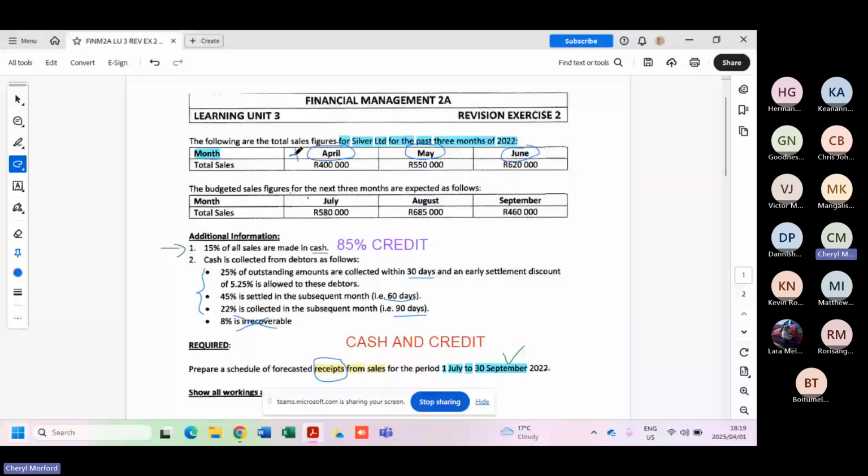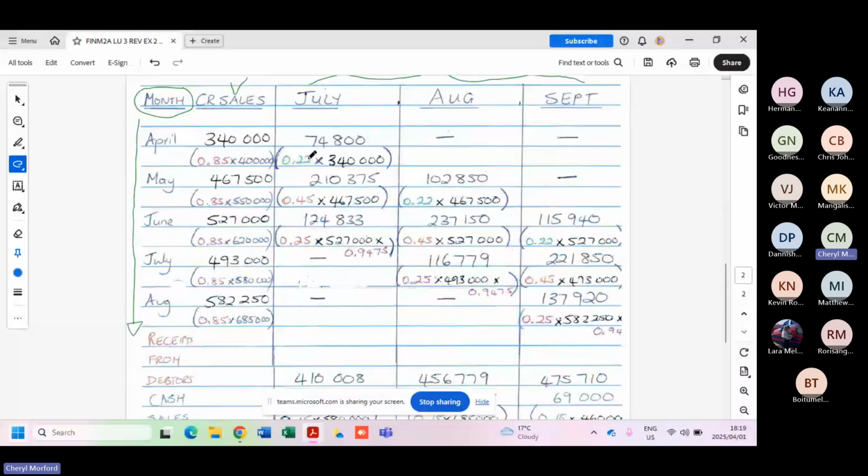Then you come to your table and put them in here: April, May, June, etc. When you are new to these, you might not be clear where you need to stop. Do you go to September, October? It will become clear when we do them. For the moment, I'm just going to end on August.